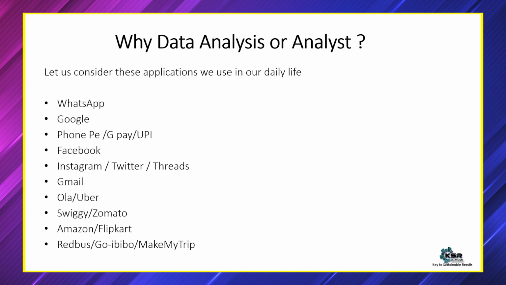Apart from creating an account, we search for whatever food item we want to purchase, maybe any grocery, any vegetable, any fresh fruits. So all that information is stored somewhere in the application. In the backend there is a database, there is a data warehouse. That storing process increases the data.